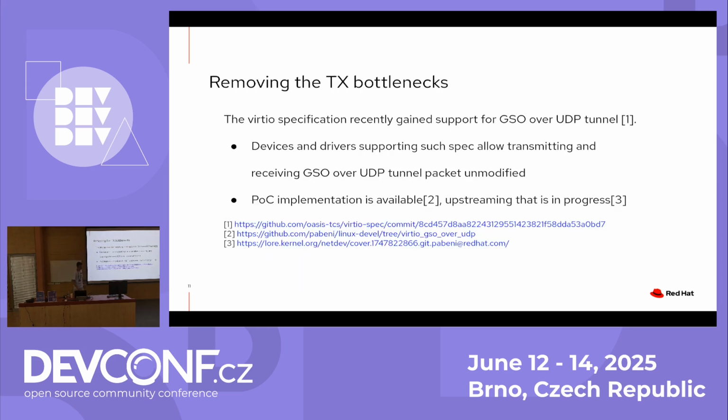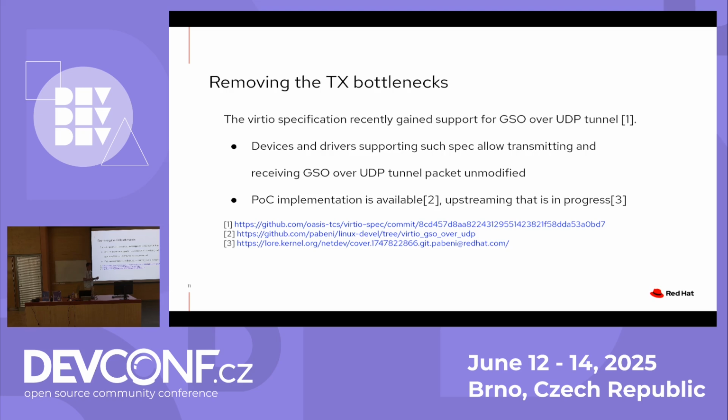What can we possibly do? One thing is very obvious. We have said that the virtio network device has no support for TSO over UDP tunnel because the virtio specification did not specify it.